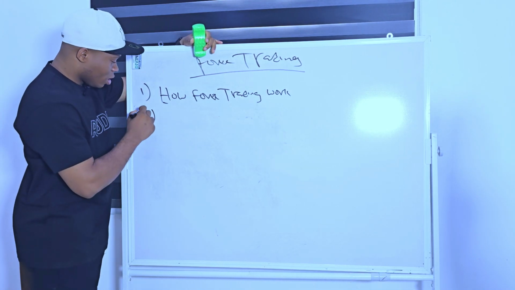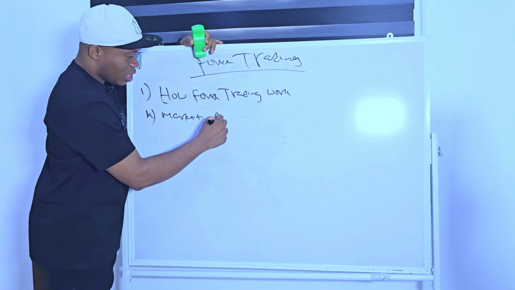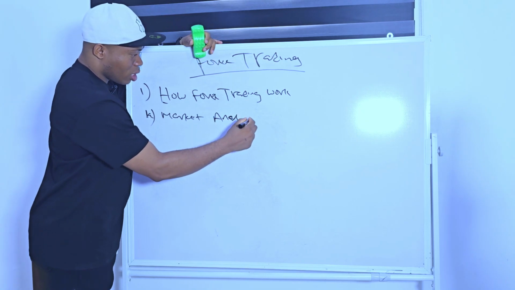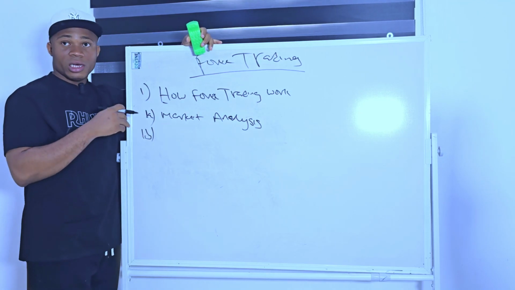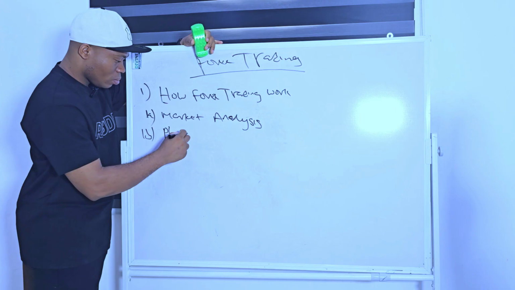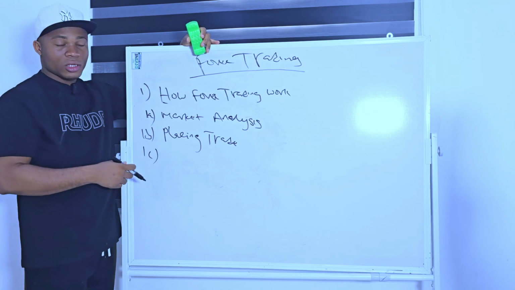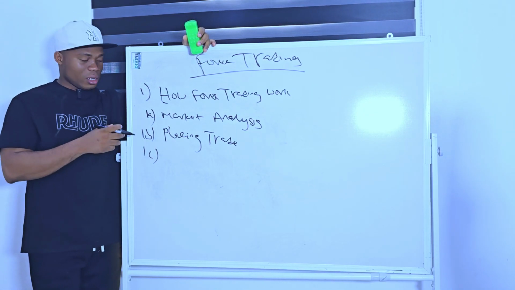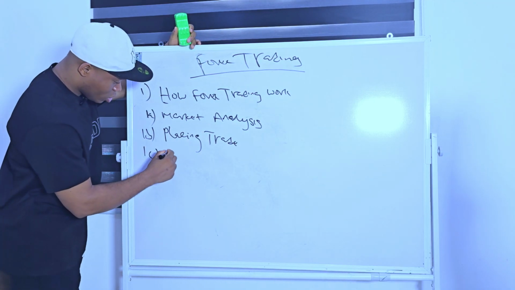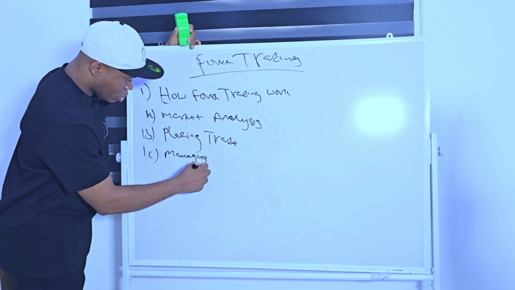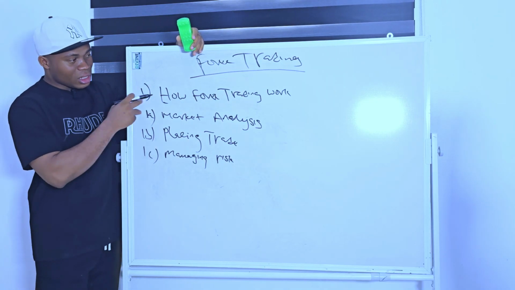I'm also talking about placing trades and managing your risk. So 1A is market analysis, 1B is placing trade, and 1C is managing risk, which is how you can manage your risk. These are the things I'm going to talk about inside how Forex trading works.